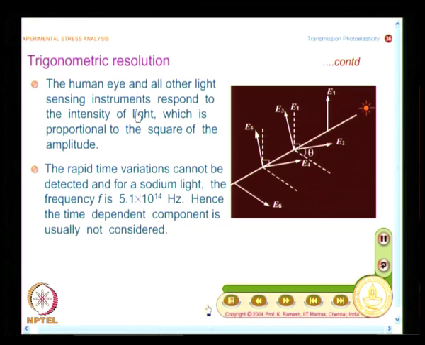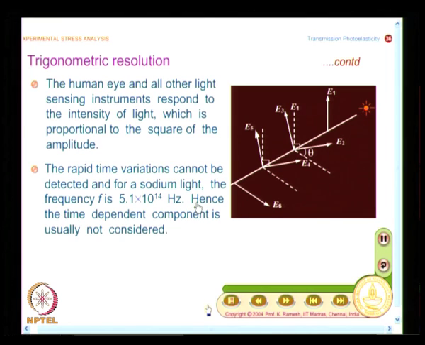Why we always look at the intensity of light is because we respond only to this, and there is a relationship. The intensity is proportional to the square of the amplitude. You have rapid time variations which cannot be detected, and for sodium light we have the frequency as 5.1 into 10 power 14 hertz.